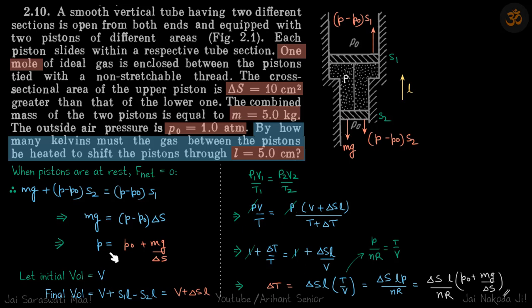And we have found the value of P. We know N is 1 mole and we know the gas constant. So we just replace that and this becomes delta S L P by NR, and if we put the value of P here, we get our answer. All right.